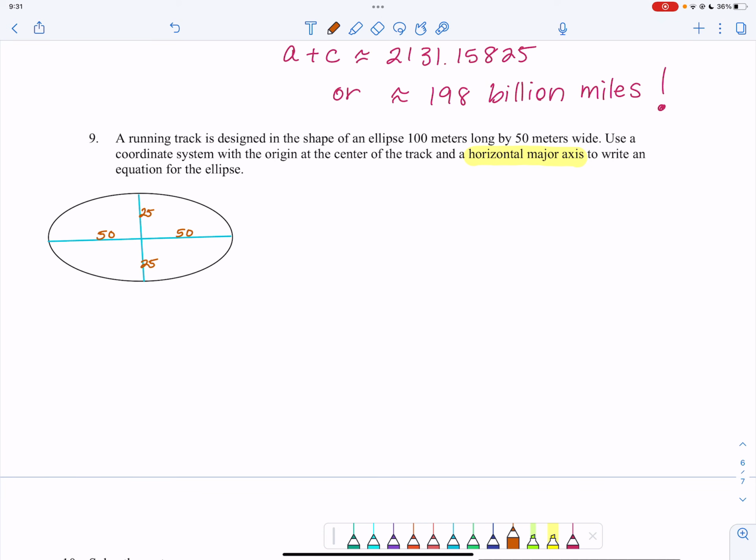So as you can see here, we have a squared is going to be equal to 50 squared. And b squared is going to be equal to 25 squared. And since we are centered at the origin, and a horizontal major axis, we have a squared under the x squared term.